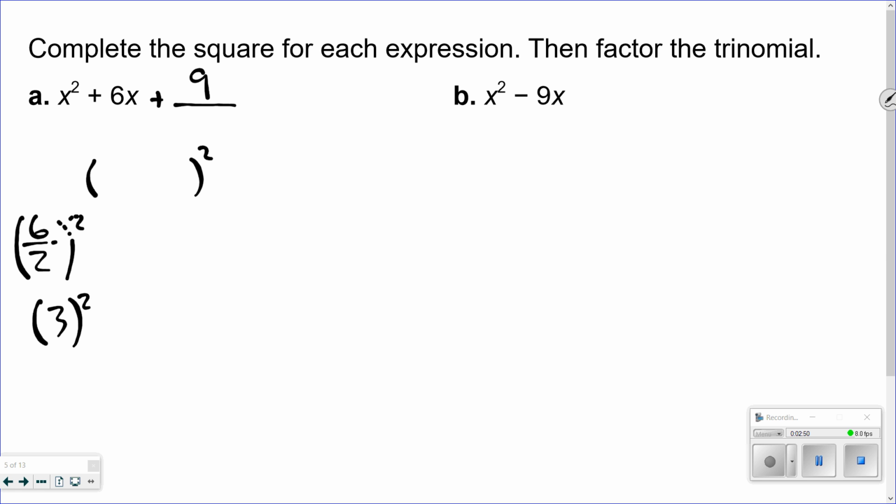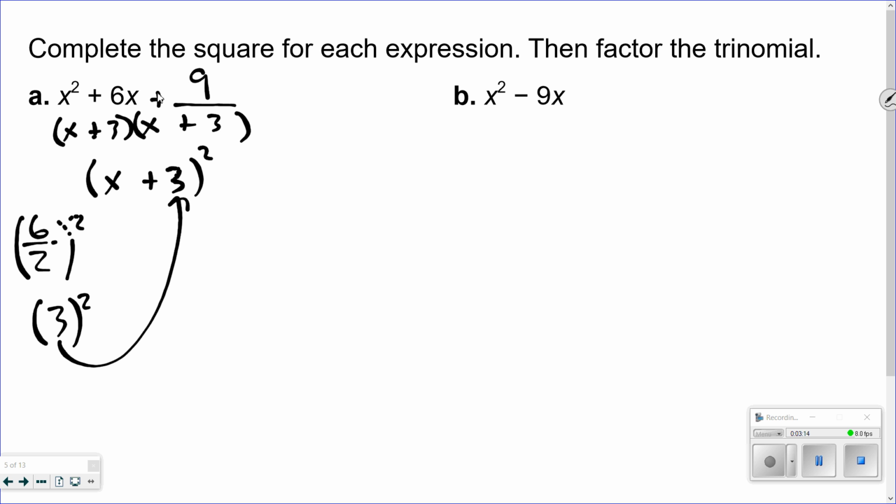So I have to add a 9 right there to make it a perfect square. Then when I go to factor it, factors of 9 that add to 6 are plus 3 and plus 3. So it factors to be x plus 3 squared. I want you to notice this number right here tells us what number is going to go right there.